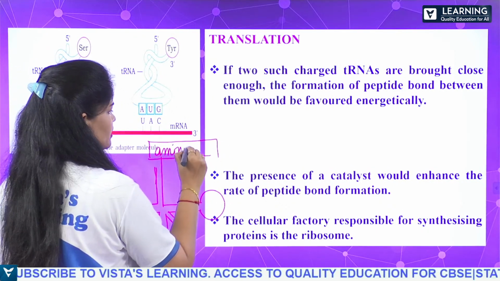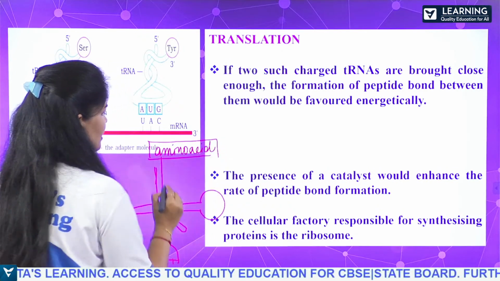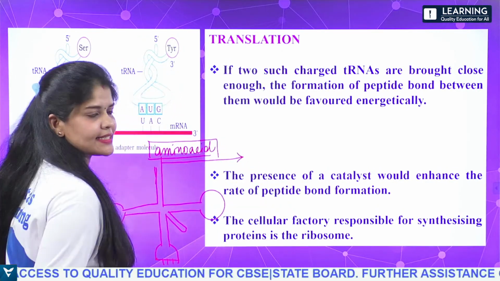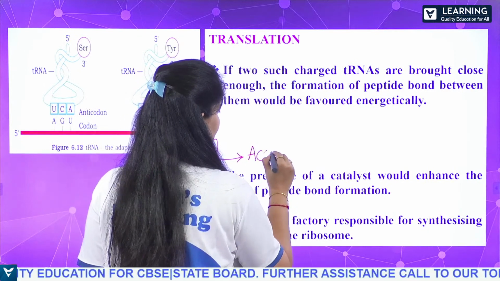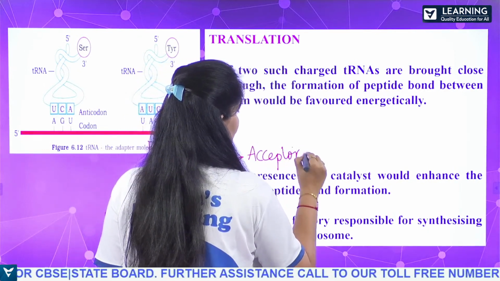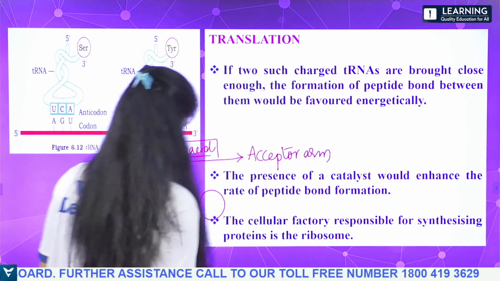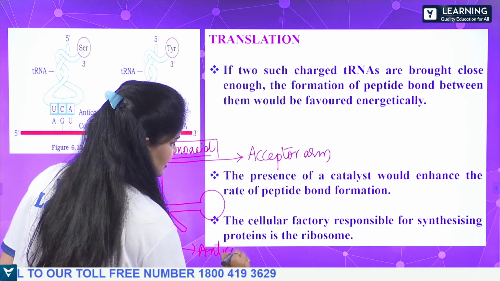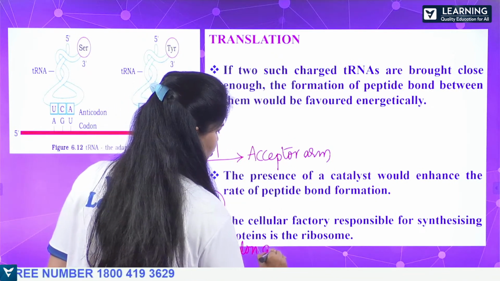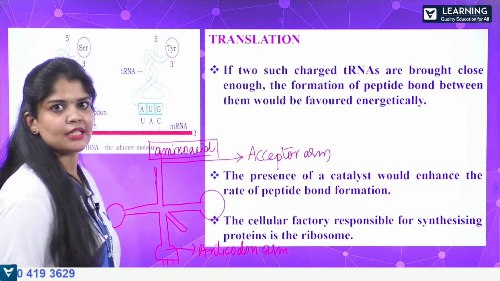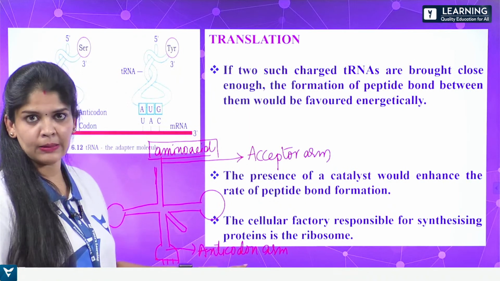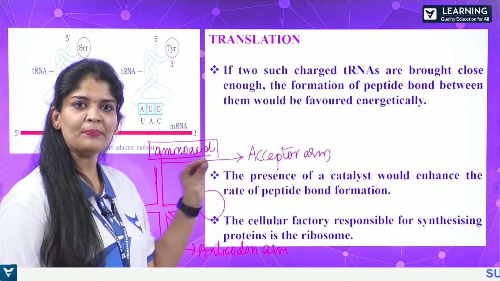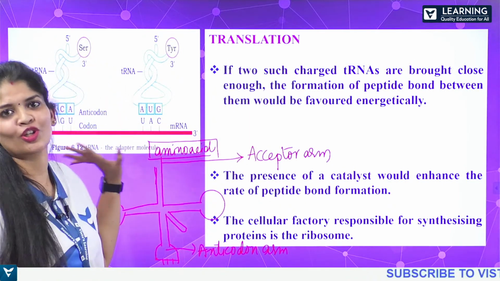Amino acid. So this arm is considered the acceptor arm. And as we find the anticodon here, this arm is called the anticodon arm. So this anticodon arm can complementarily make base pairs with the codons present on the mRNA.